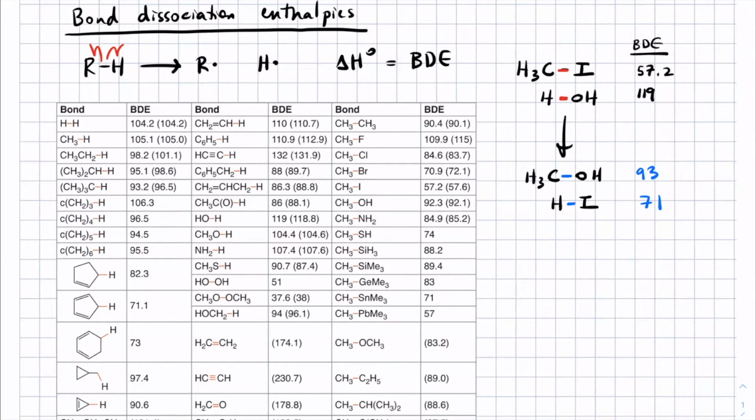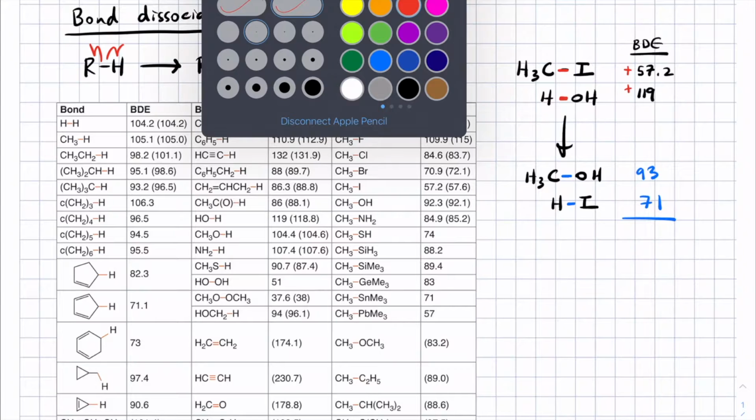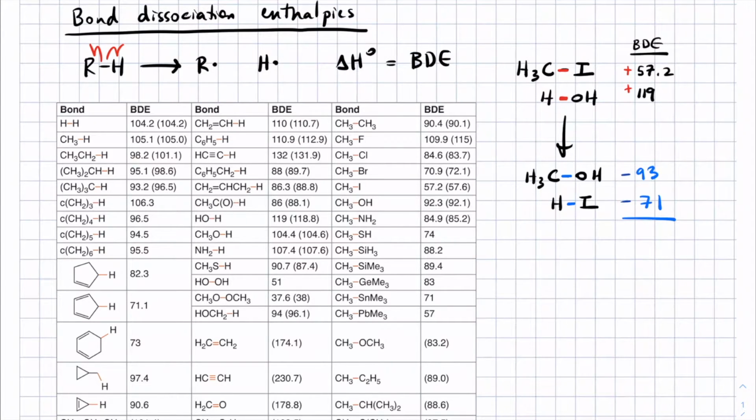All right. So we can look overall and see whether this reaction's thermodynamically favorable. We're going to take the bond dissociation enthalpies of the bonds we're breaking, and those energies are positive, minus the bond dissociation enthalpies for the bonds that we're making, and we do that comparison and we can come to a conclusion as to the overall level of stability.